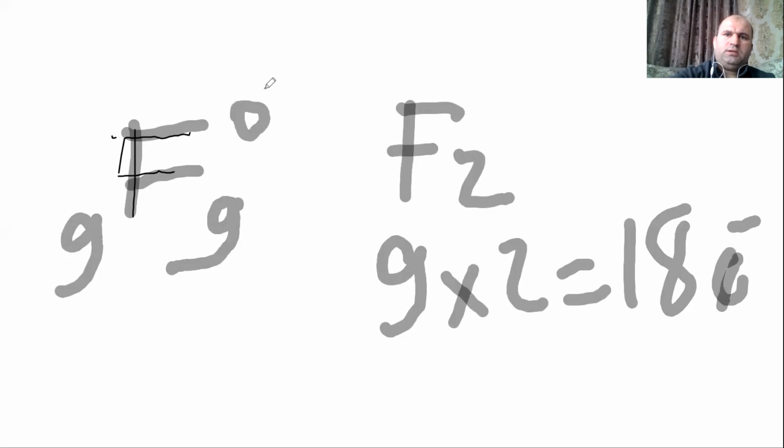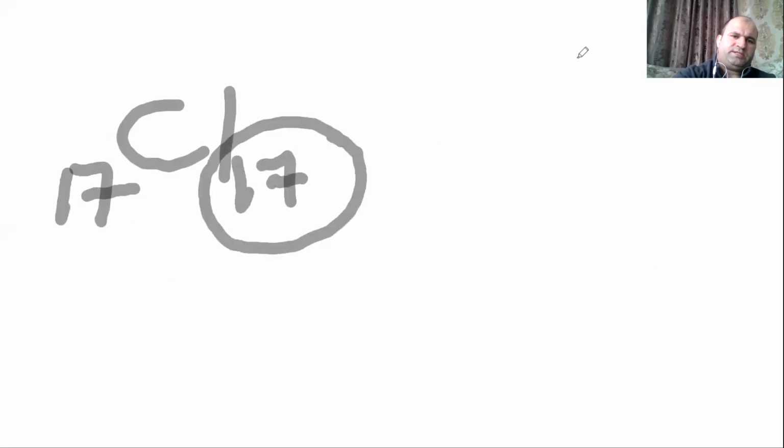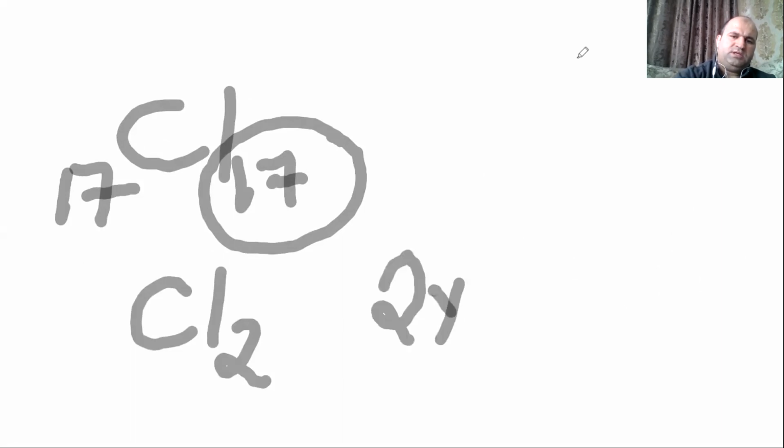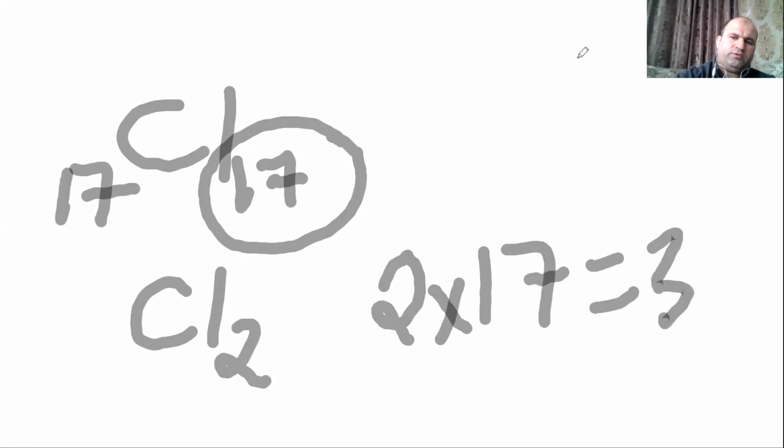If you do the same thing with chlorine, one atom of chlorine has 17 electrons. The chlorine molecule is diatomic, so there are 2 atoms inside, 2 times 17, which is 34 electrons.